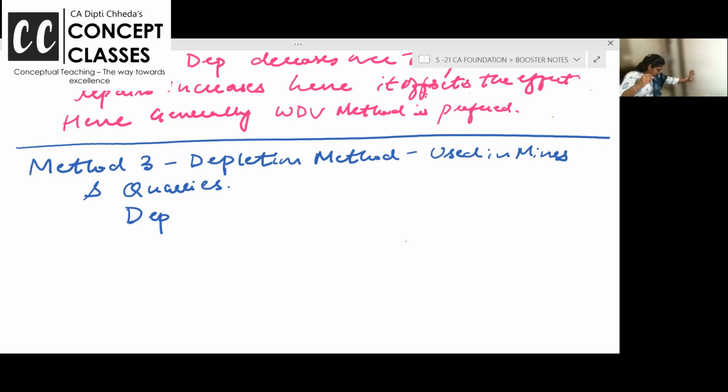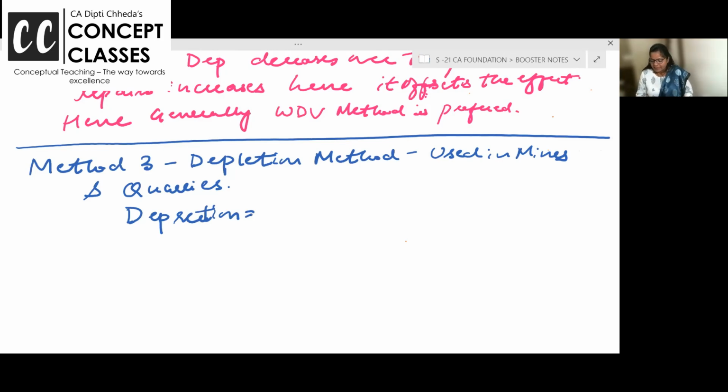Depreciation, how will you charge in the depletion method? Let's first write this, then we'll do some nice concepts for provision also.